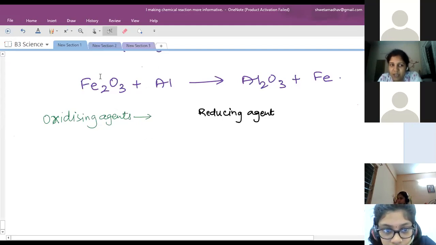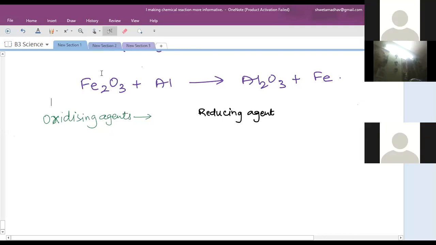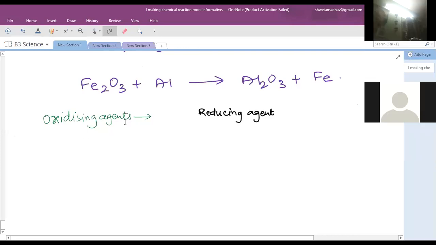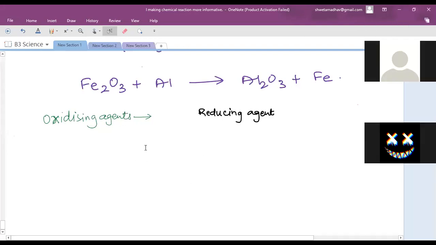Who has helped aluminium by donating oxygen? Iron oxide has donated oxygen. So iron oxide helped aluminium to get oxidized. Clear? So iron oxide is called the oxidizing agent. Ma'am, anything which loses oxygen is the oxidizing agent? Yes.